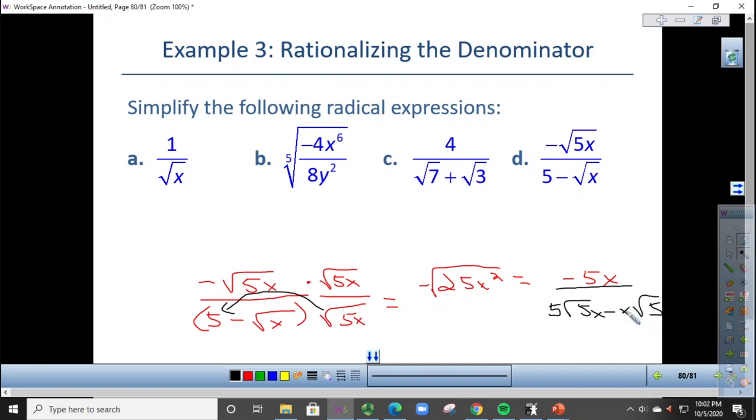My x squared can be simplified, and that's how I'm getting x root 5. Now if I was asked to rationalize the denominator, then I would multiply the top and bottom by the conjugate. So this would be 5 plus root x, 5 plus root x.